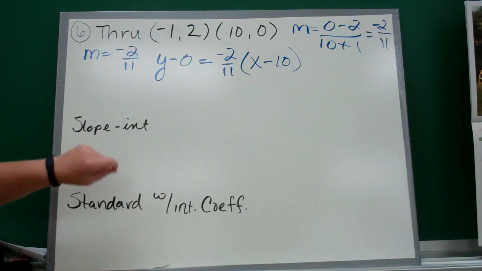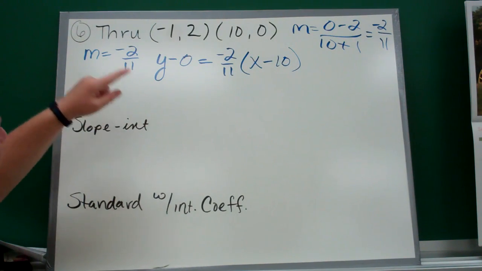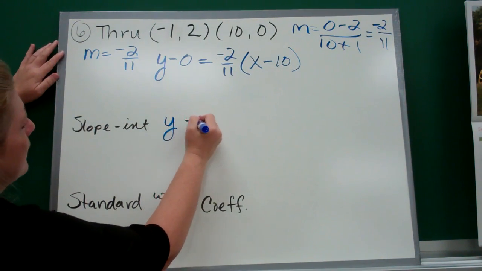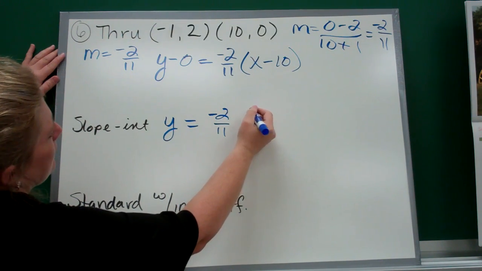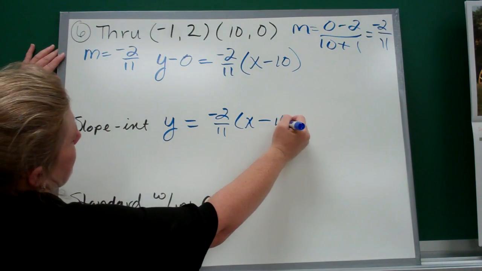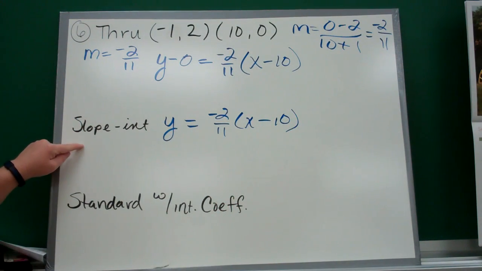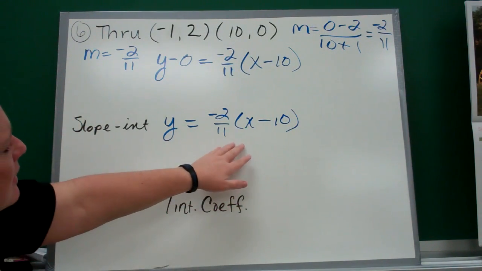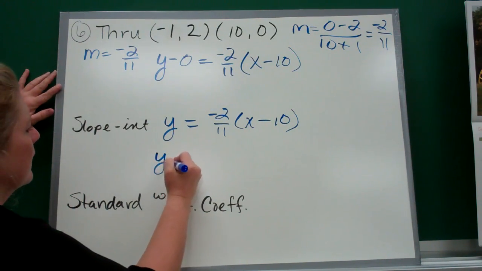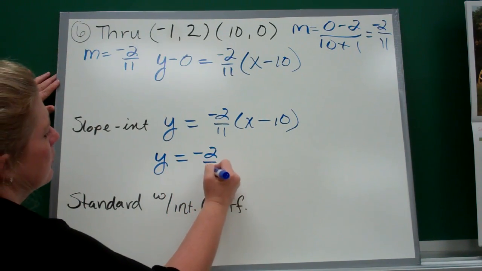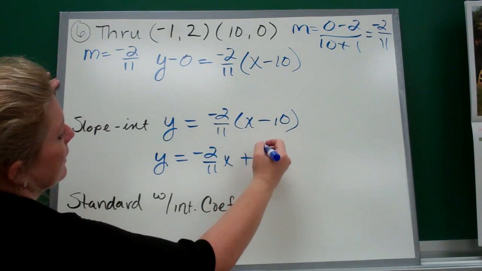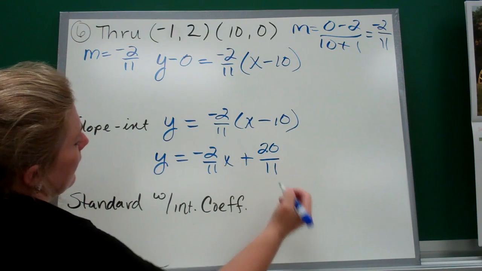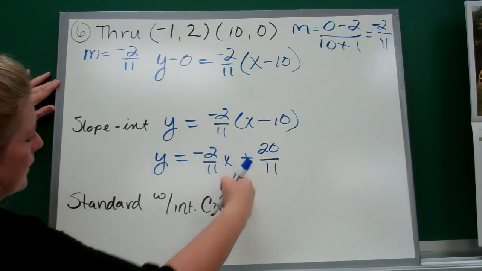Love that 0 because look, in very simple steps, y equals negative 2/11 times x minus 10. We want to put it in slope-intercept form. It's going to be scary on this side, but we can handle it. Y equals negative 2/11 x plus 2 times 10 is 20/11. Negative, negative makes a positive.